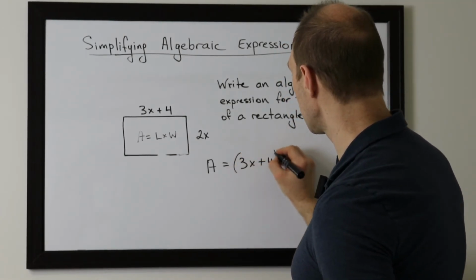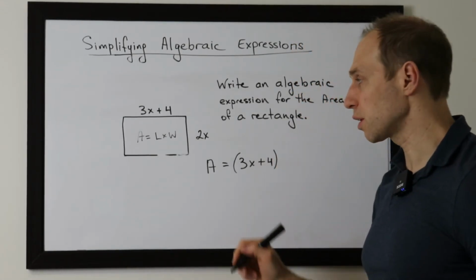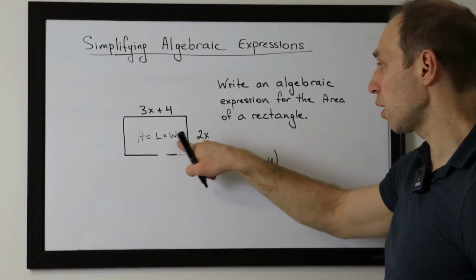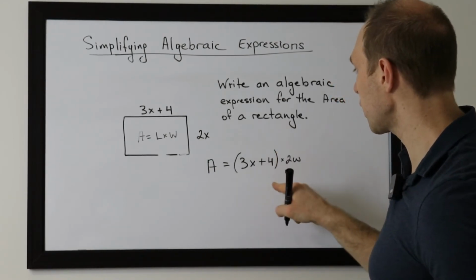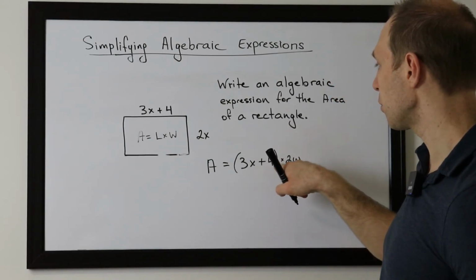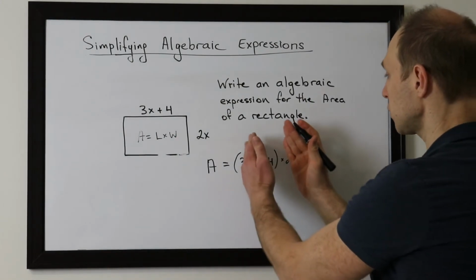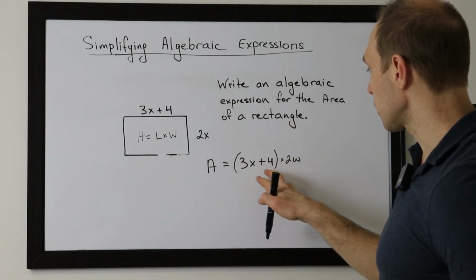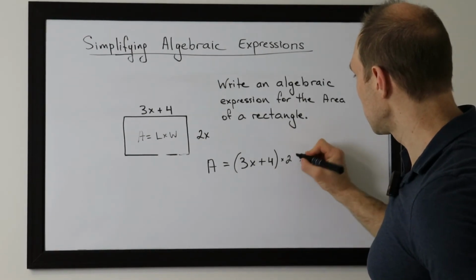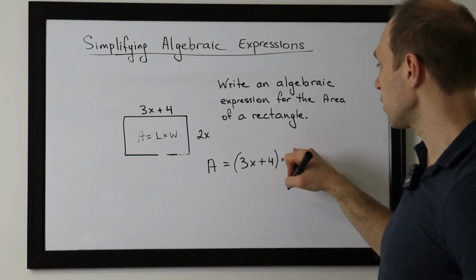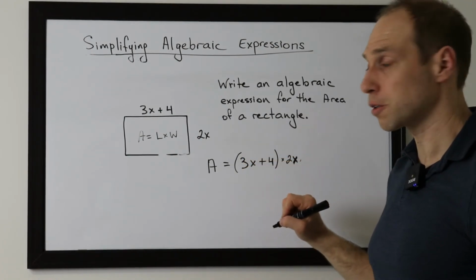I like to put brackets around it because we're going to multiply it by our width. If we had no brackets, we'd only be multiplying by the number 4. The brackets tell us that we're multiplying this by everything inside the bracket.